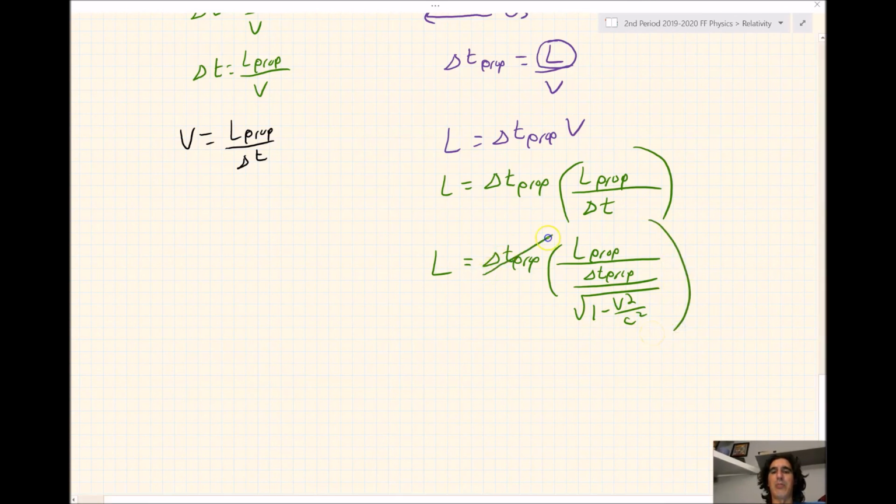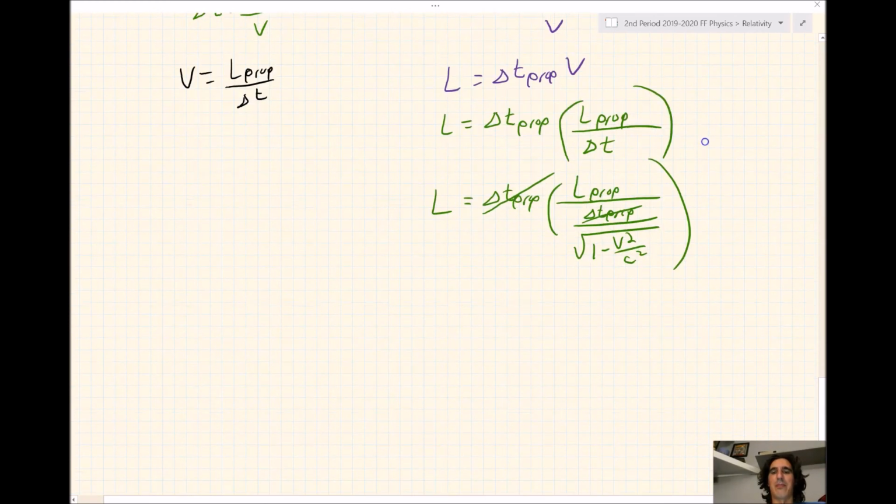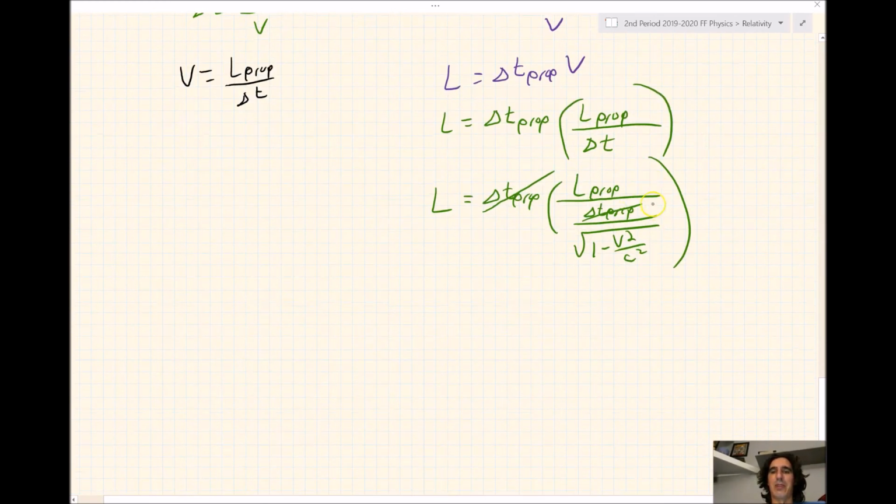We can see that our proper times cancel out, and we have L proper over a fraction, so we're going to do keep, change, flip, which means the length is equal to L proper times the square root of 1 minus V squared over C squared.